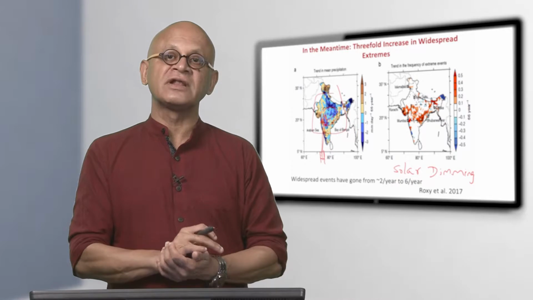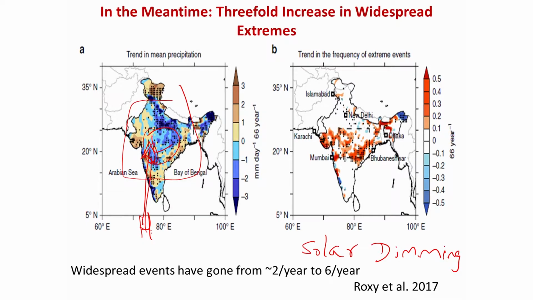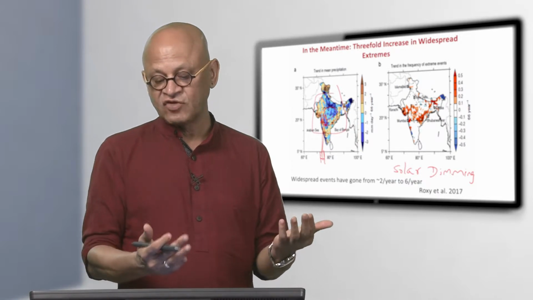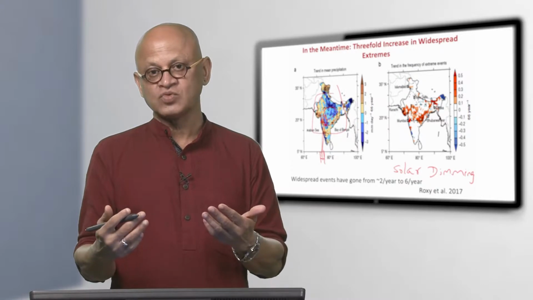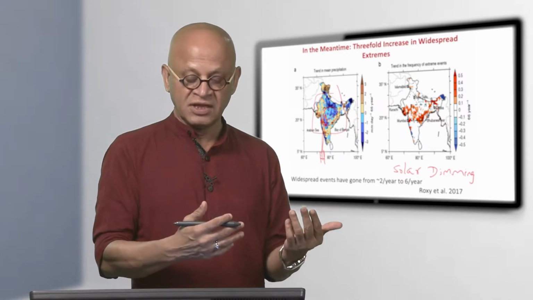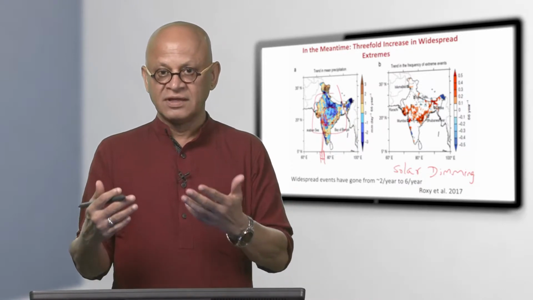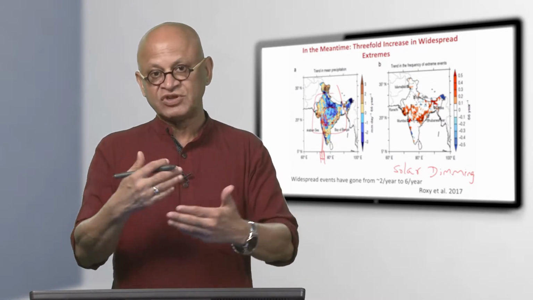Also, it is not clearly explained why pollution may suddenly have decreased, but satellite data show that there is some greening of some parts of India because of this increased rain, which indicates that maybe the afforestation plan, or this idea of increasing forest cover to increase carbon sequestration by the Indian government, may have also played a role in increasing the rain and reducing the pollution, and there may be a positive feedback.